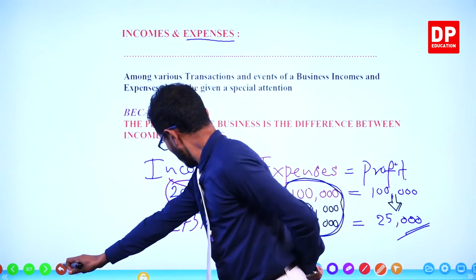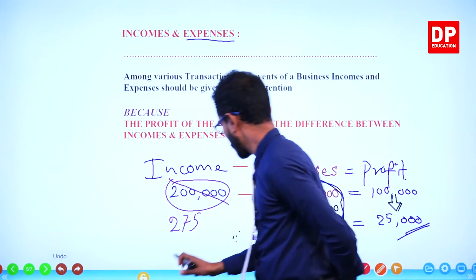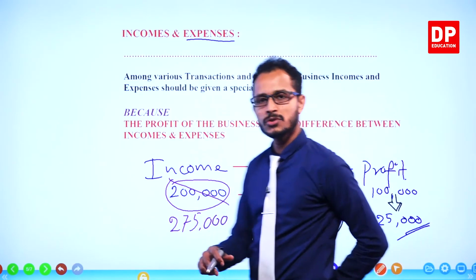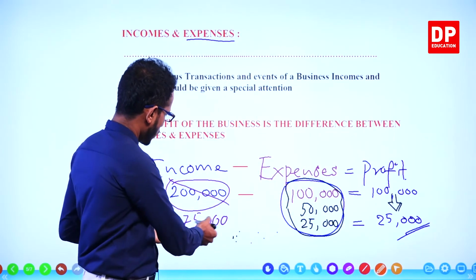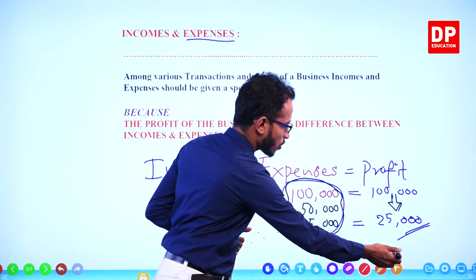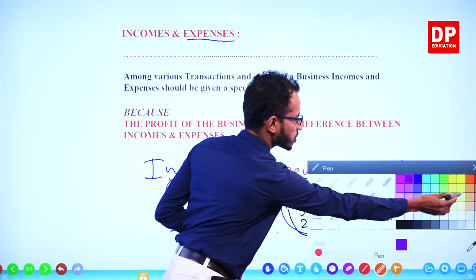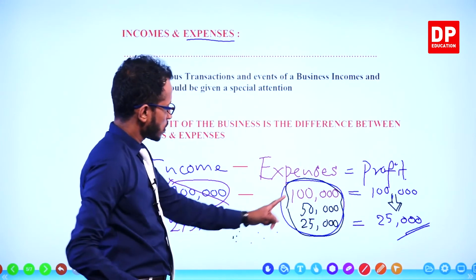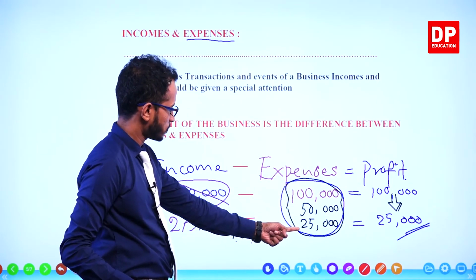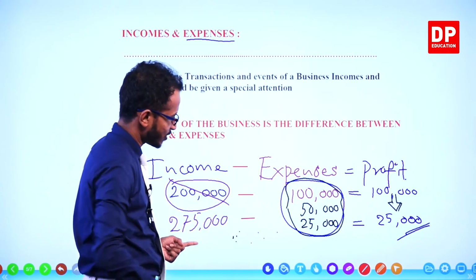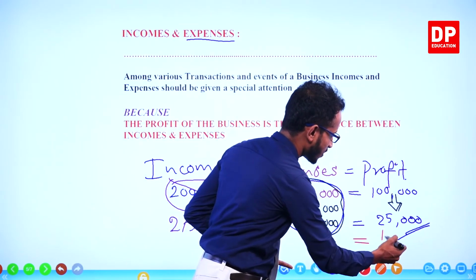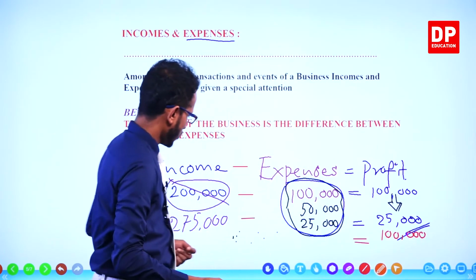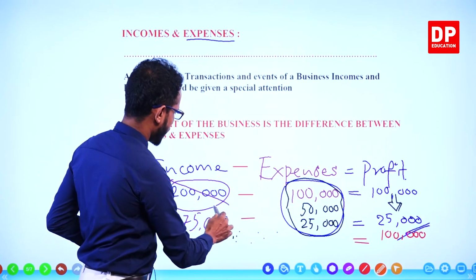Okay, 275,000. Now what will happen to the profit? Let's see. 275,000 minus total expenses. How much are the total expenses now? 175,000. Income is 275,000. Again, I will get a profit of 100,000.